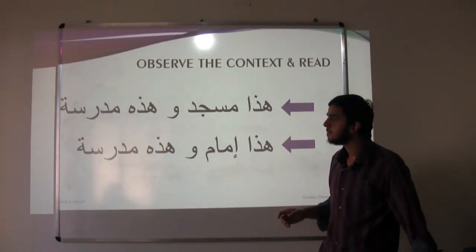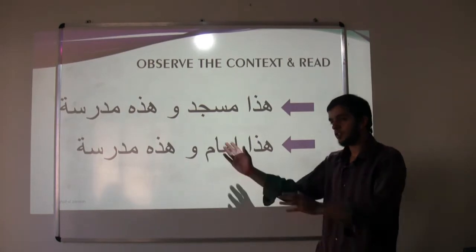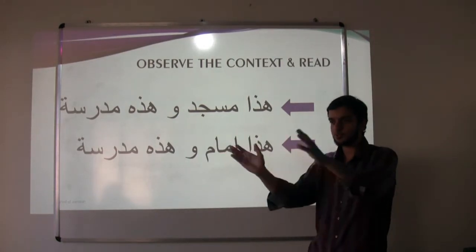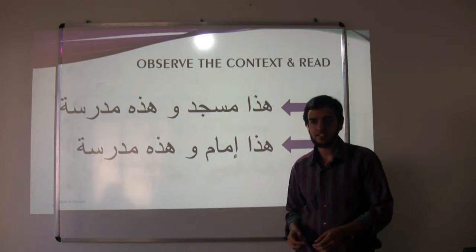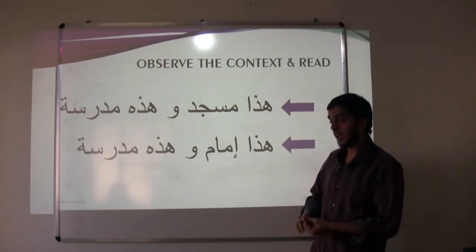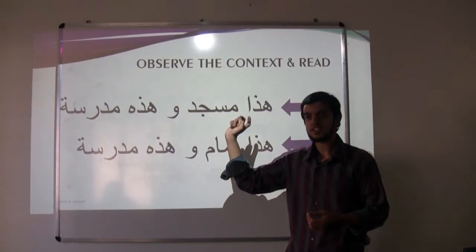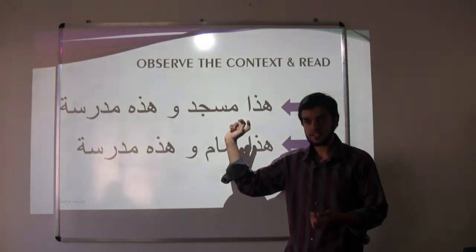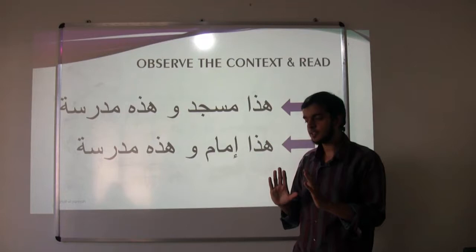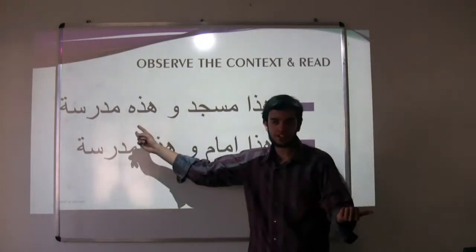This is again right. You're pointing at two nearby buildings, that's how it is. Hada, hadihi. And dhalika is that. This particular statement comes from the book itself.